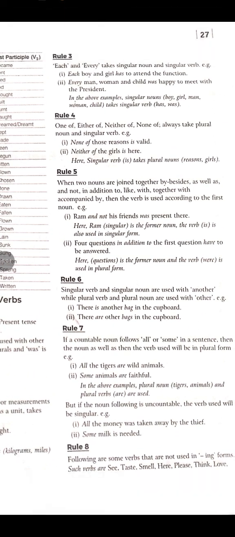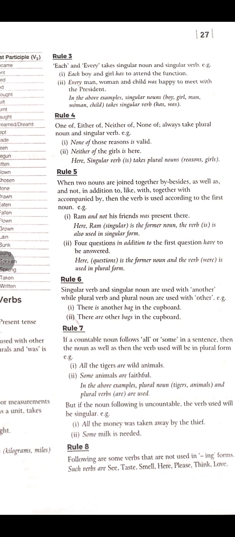Now, rule 3: each and every take a singular noun and singular verb. Each boy and girl has. We know very well where we use "has": if there is a singular noun, then we use "has", otherwise we use "have". So in case of each and every, we use a singular verb. Rule 4: one of, either of, neither of, none of always take a plural noun and singular verb.